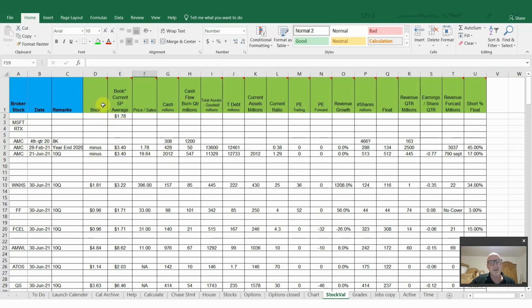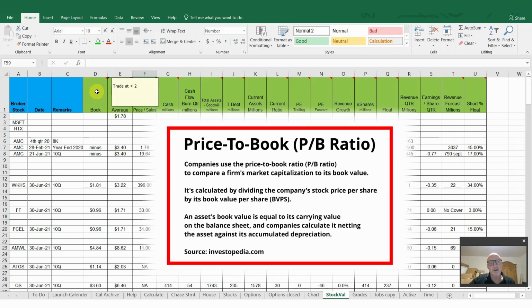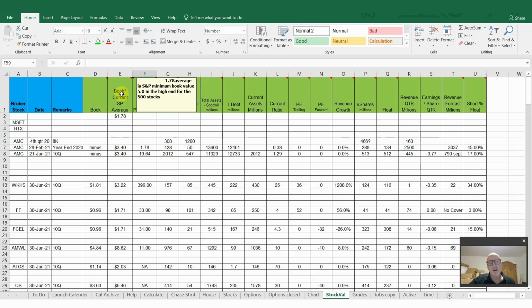That stock screener is based on book price, which I try to find less than 2, and I compare it to the book price for the S&P 500. I look at the price per sales, and I'm looking at 0.7 when it's at market lows and 2.4 at market highs. This stuff is very complex.